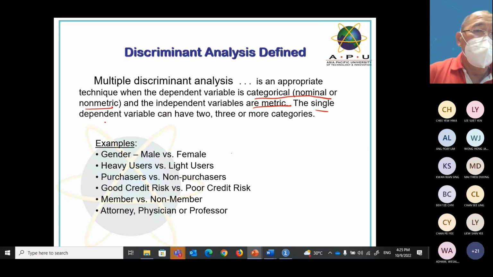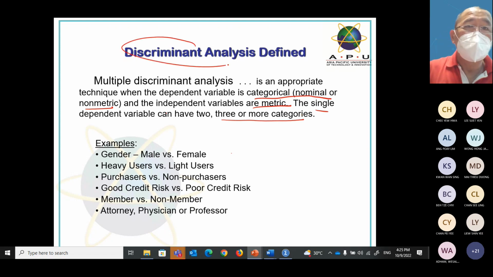The single dependent variable can have 2 or 3 categories. Be very careful: discriminant analysis can have 2 or 3 categories, but logistic must be only 2. We will discuss this in the next chapter, maybe tomorrow. So logistic must be only two categories.